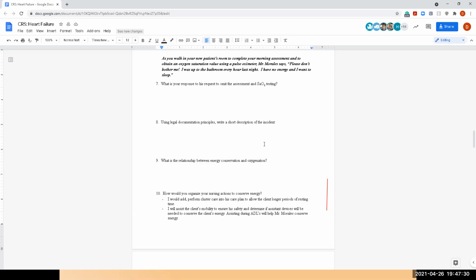Maybe you can do a few minutes of patient teaching while you're obtaining those assessments. And then informing him that we're going to try to cluster his care as much as possible, but for the moment, it's our job to make sure he's okay and get a baseline of him first.